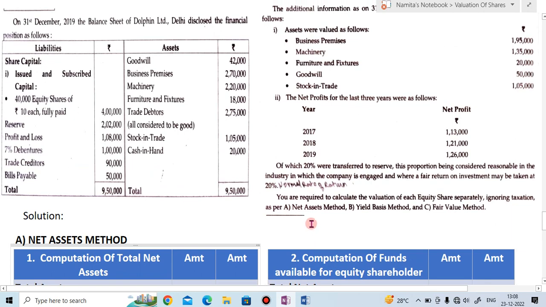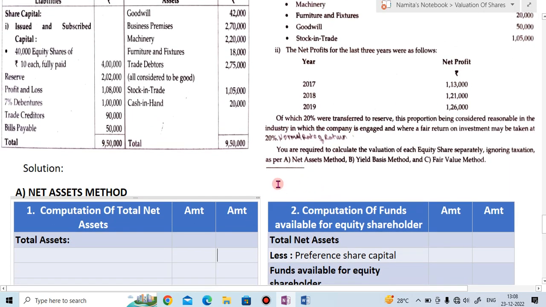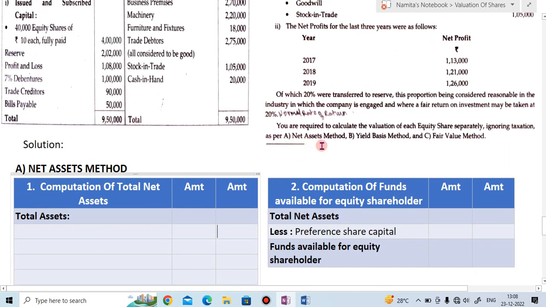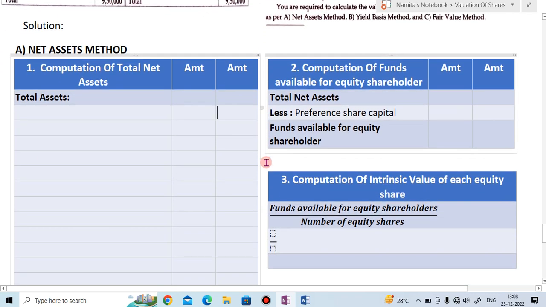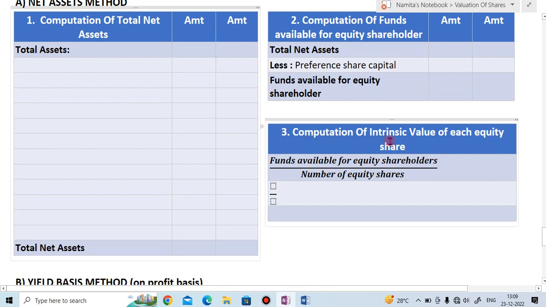The first method we will solve is the valuation of share by net asset method. I hope you have remembered the steps to calculate the valuation of shares by net asset method. There are a total of 3 steps. First, find the total net asset. Second, find the fund available for equity shares, and third, find the intrinsic value of each equity share.